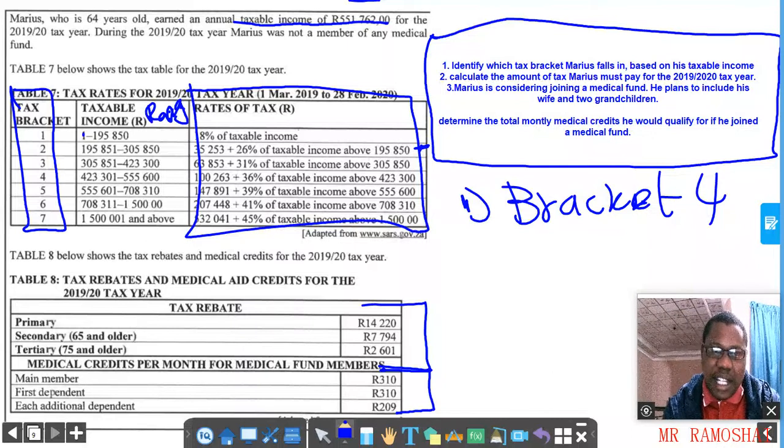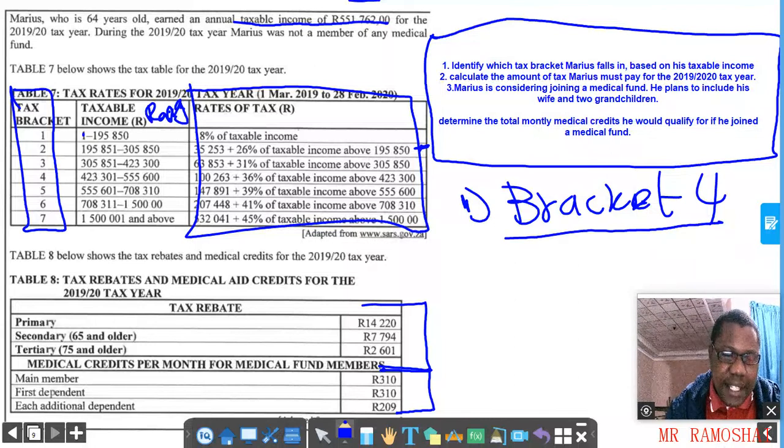All this amount here is taxable income, but it is given in the form of a range. So you must check: yours is between this range. You understand? So the tax bracket is only one. You're going to say tax bracket 1, 2, 3, or 4. So ours is in tax bracket number 4.